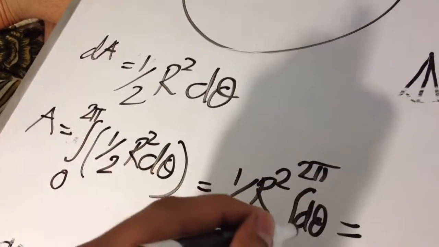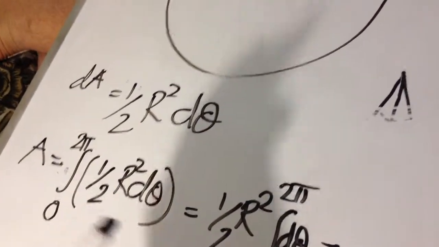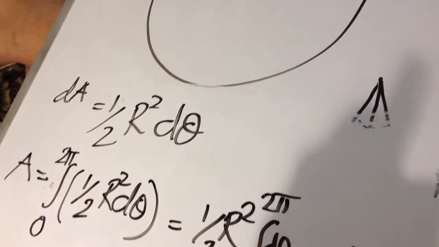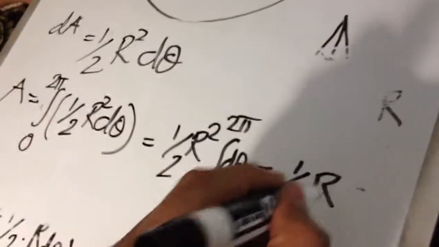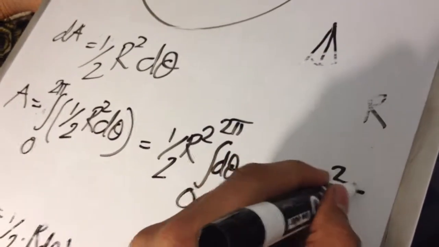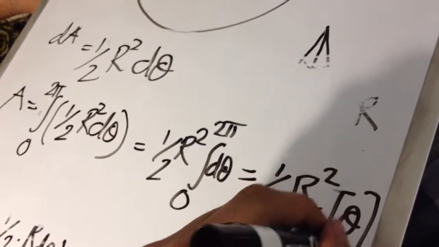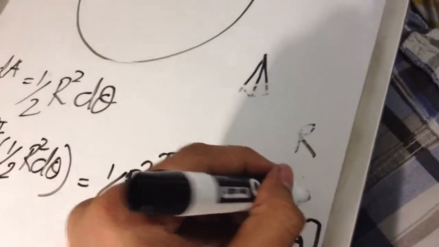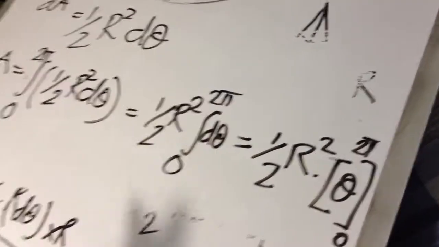Integrating this small angle d theta from 0 to 2 pi should just be half r squared times theta with limits of 0 to 2 pi, right? 0 to 2 pi. Those are the limits.